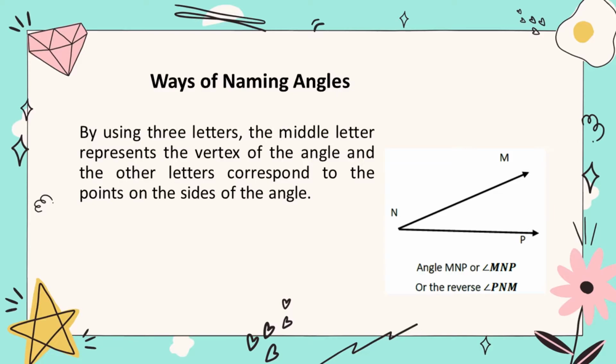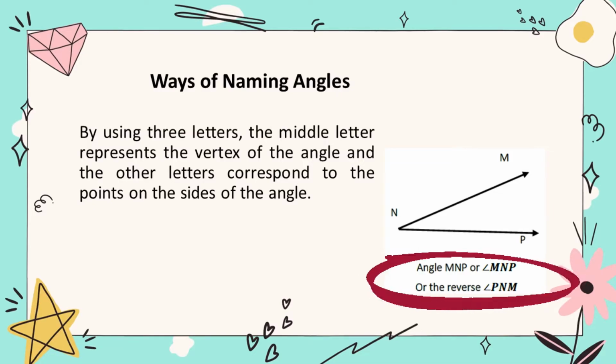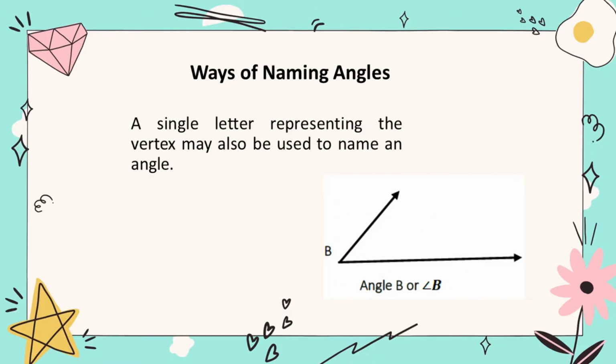Okay, that is by using the three letters of the angle. Also, a single letter representing the vertex may also be used to name an angle. So, dito sa example natin, we have the vertex B. So, we can simply name the angle as angle B.